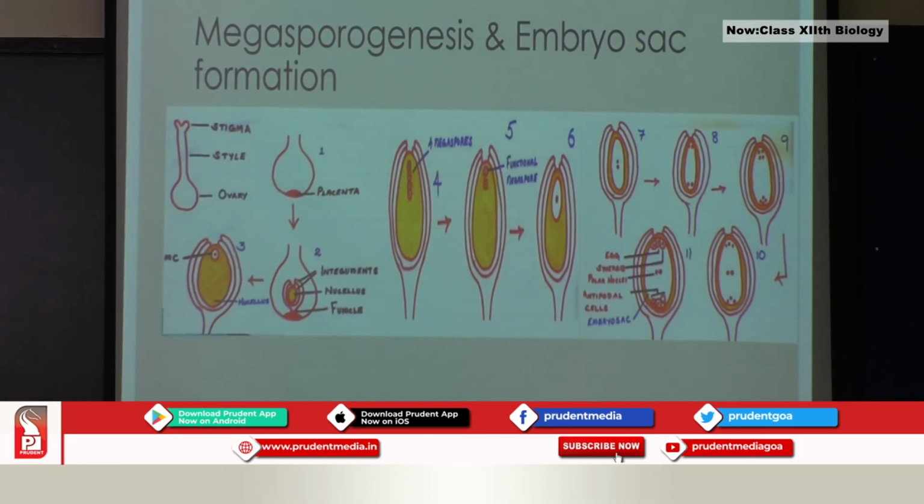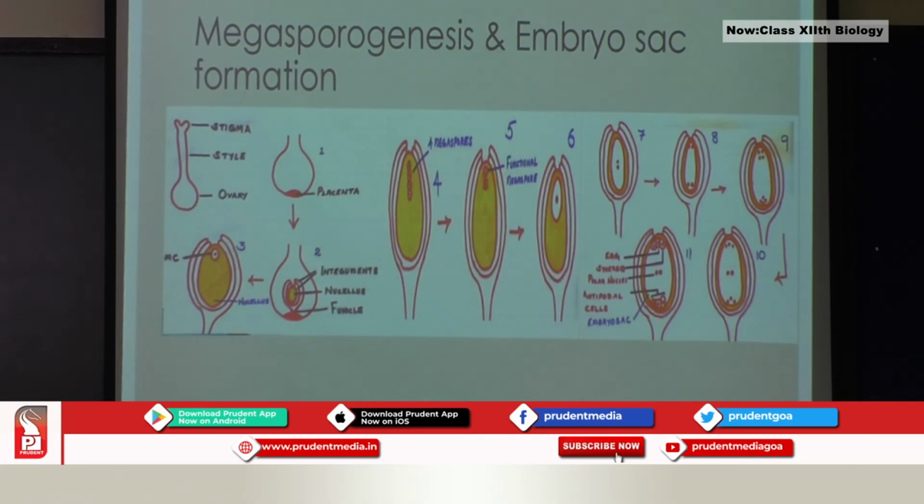In this unit now, what did we discuss? We discussed megasporogenesis, which is the formation of the megaspore. Once the megaspore gets formed, this functional megaspore then gets transformed into the embryo sac. This is the embryo sac that you have. How did the transformation of the single megaspore into the embryo sac take place?